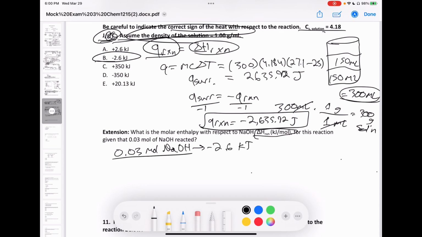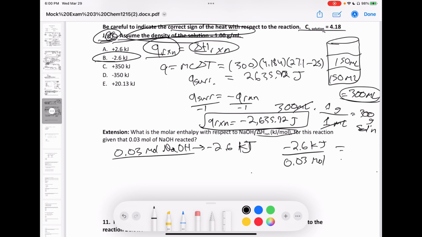Since that's the relationship, we can set this up as a kind of 1-to-1 ratio, negative 2.6 kilojoules per 0.03 moles.